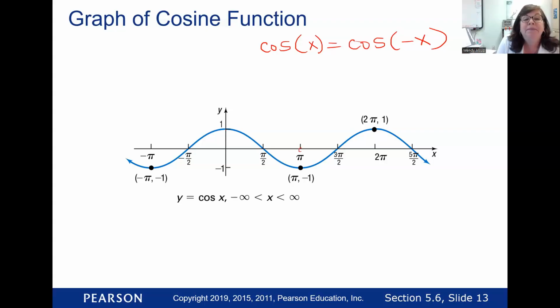At pi, my cosine is -1. At negative pi, it's also -1. That is the definition of an even function. The way you look at it is symmetric across the y-axis. So if I flip this around the y-axis, I get the same graph.